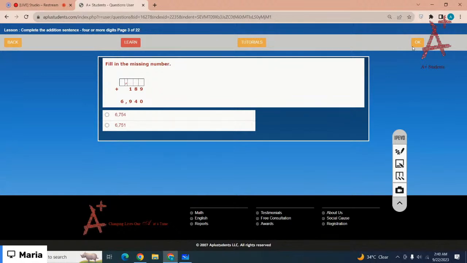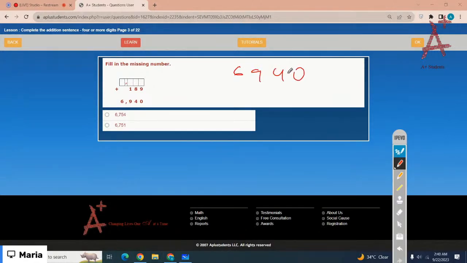Which number is missing? You have to subtract 189 out of the sum, right? That would be 6,940 minus 189, right?